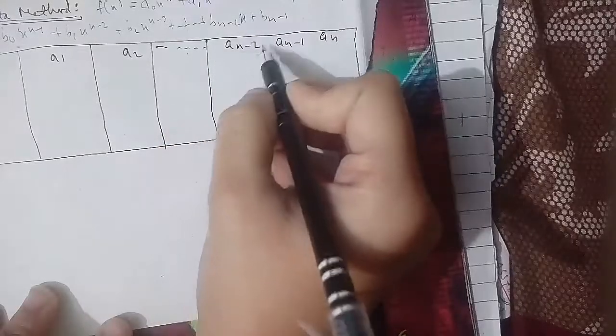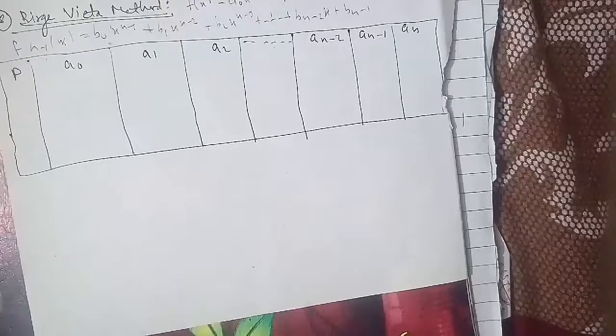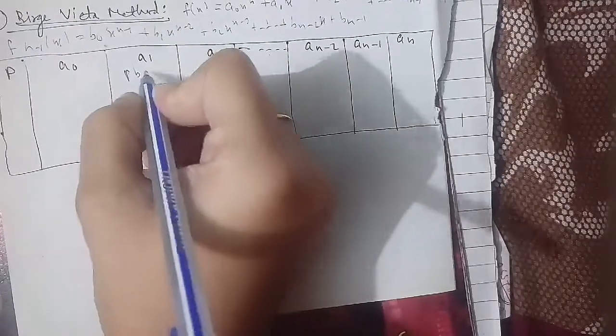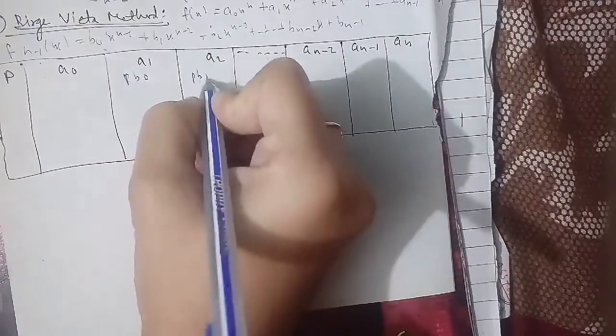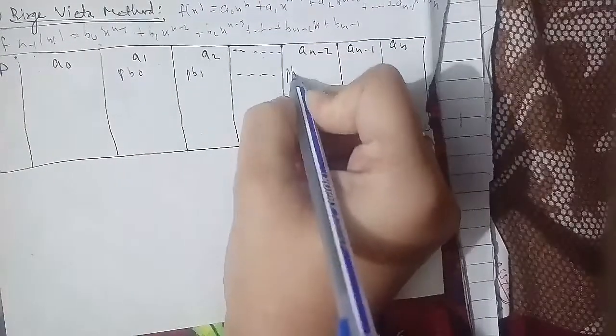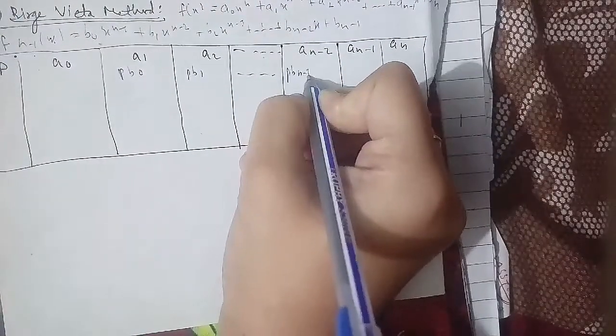When it is p, then b0 is equal to a0, b1 is equal to a1 plus p b0, b2 is equal to a2 plus p b1, ... b(n-2), b(n-1) and bn is equal to r, where r is the remainder.